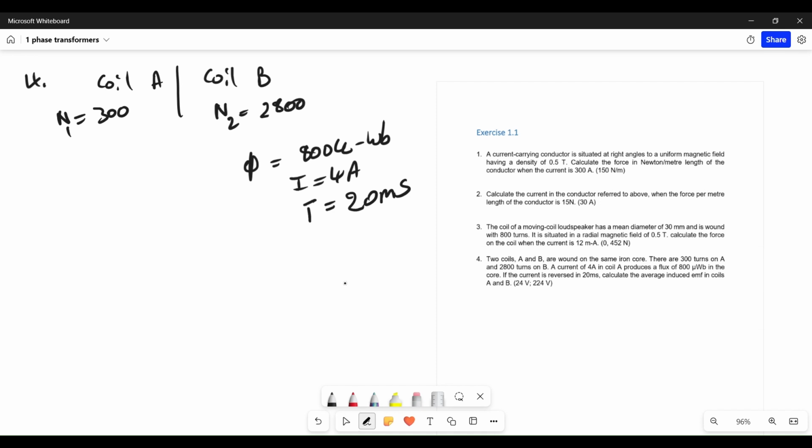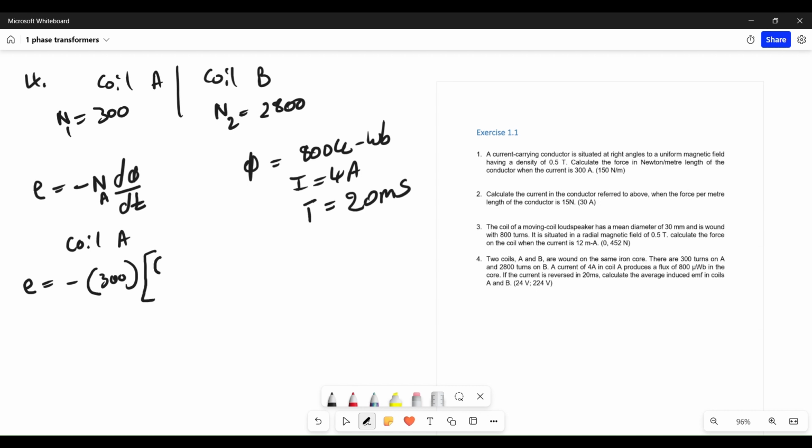So because we are told about time, we come back to the equation of the induced EMF, change of flux with time. So let's calculate for coil A. For A, we have the induced EMF negative because it's opposite, and then N is 300.